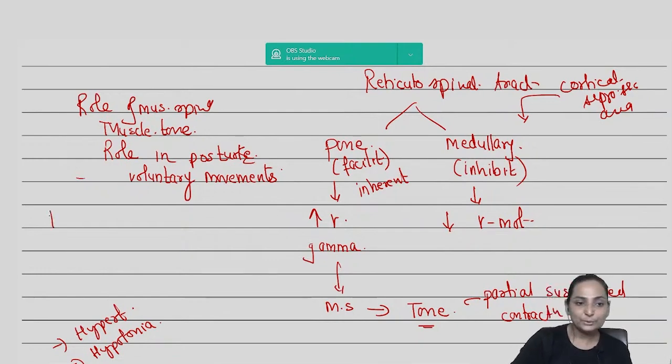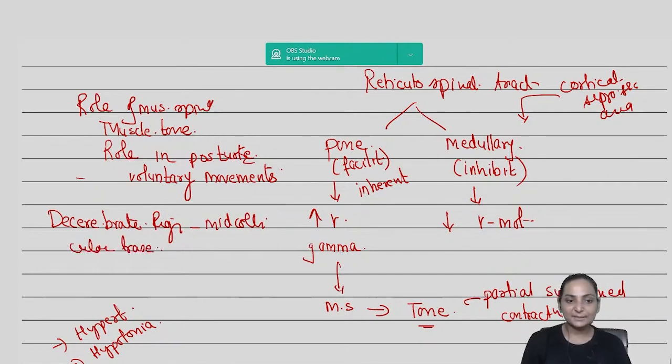Now, when we do a decerebrate rigidity by a mid-collicular transection, this is the transection between the superior and the inferior colliculi, what we do is cut all the higher influences to the brainstem and spinal cord.